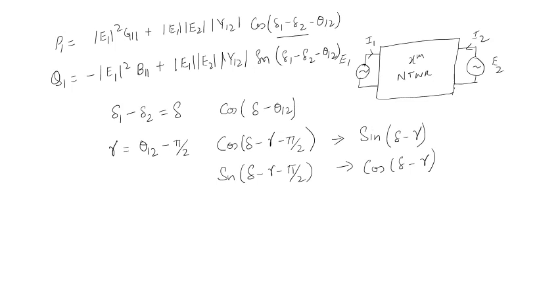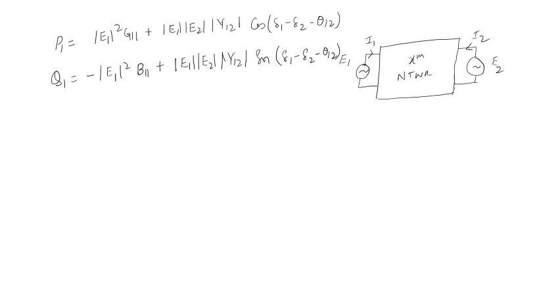I will rewrite the previous equation like P1 is equal to E1 square G11 plus E1 E2 Y12 sine del minus gamma.